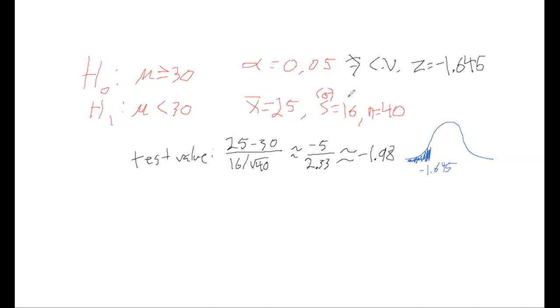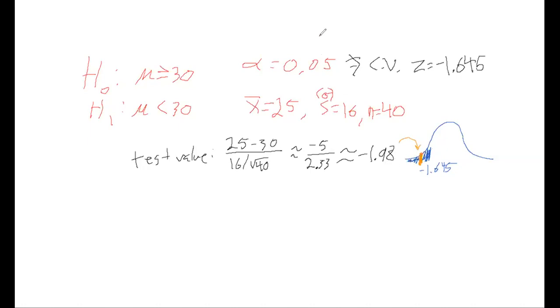Negative 1.98 is going to be right there, obviously just sketching that, which is firmly in the critical region. Not extremely so, but it is.